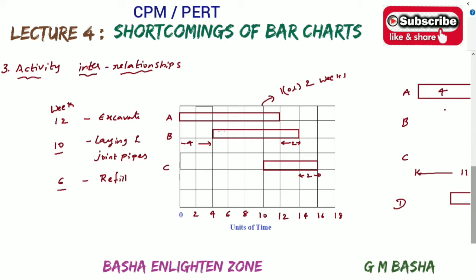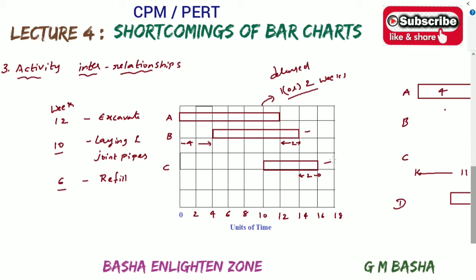After completion of 4 weeks of the activity, the next activity will be started. Due to some circumstances, if the completion of an activity is delayed by 1 or 2 weeks, it will affect activities B and C. Such interdependencies are not clearly mentioned on a bar chart. So that is the major shortcoming of a bar chart.